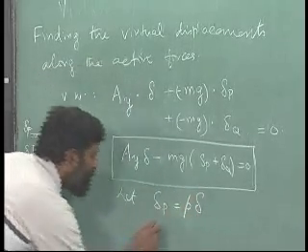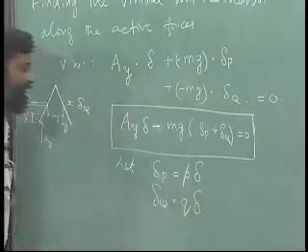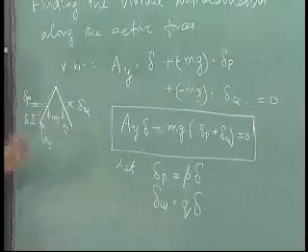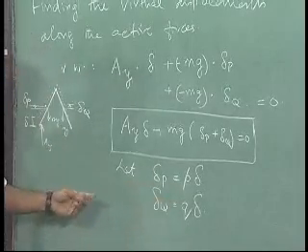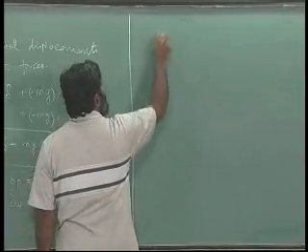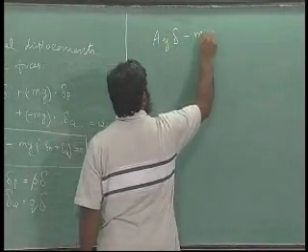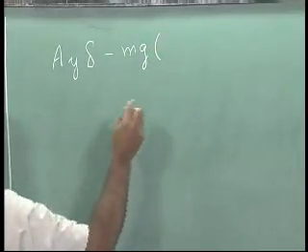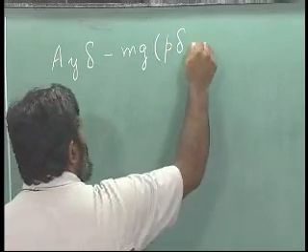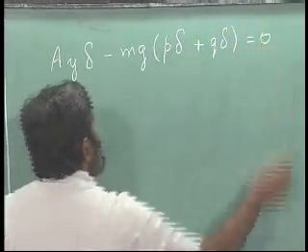Similarly, delta q is equal to q times delta. This p and q I need to find out from kinematics, alright. If it is so, I can insert these into this, and I get Ay times delta minus mg times p times delta minus mg times q times delta equals 0.